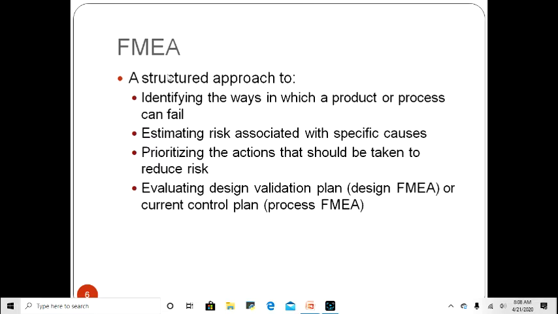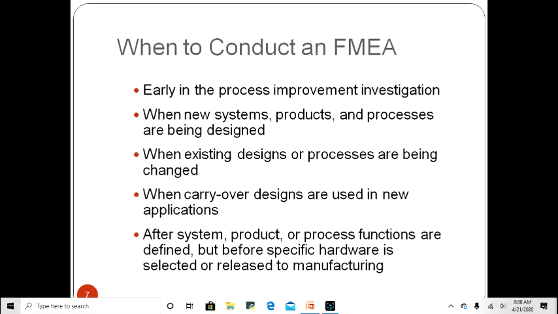It will also give a structured approach to identifying the ways in which a product or process can fail, estimating risk associated with the specific causes, prioritizing the action, evaluating design, validation plan, etc. In short, it will recognize where the risk is happening well before the process starts, and it will identify the ways which can make the process run smoothly. So that is, in short, FMEA and why it is being widely used.